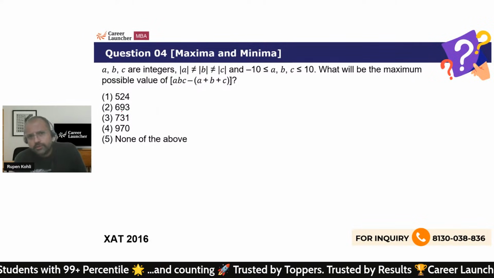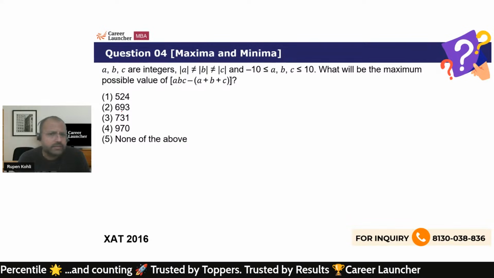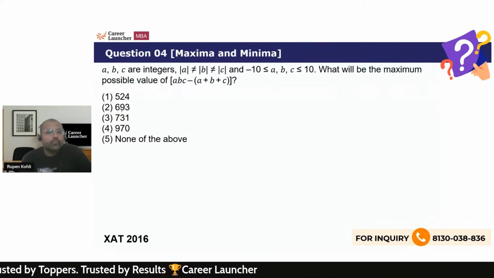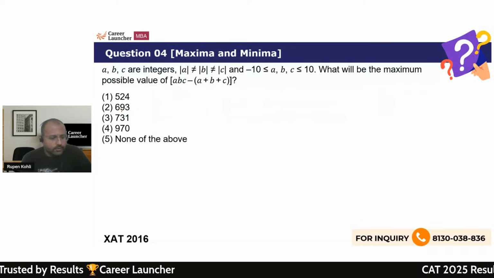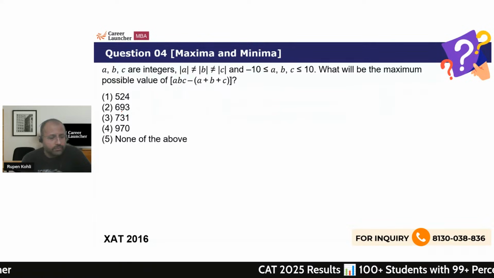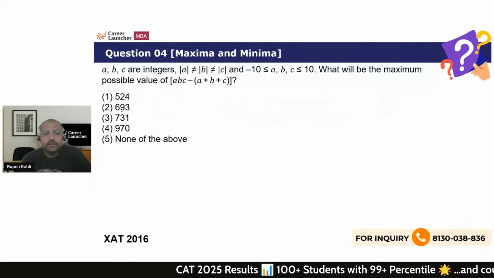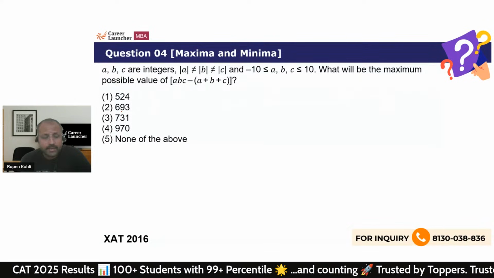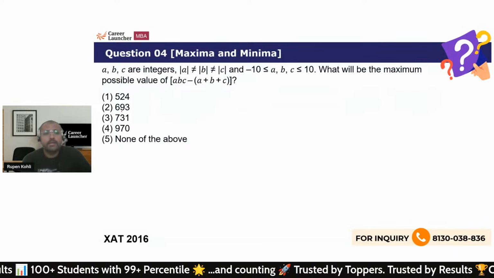Okay, a lot of questions come on maxima and minima of this kind. Let's see. A lot of questions come in which the values of certain parameters are given in a range, and then you have to maximize or minimize something.